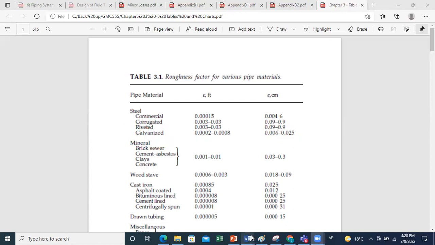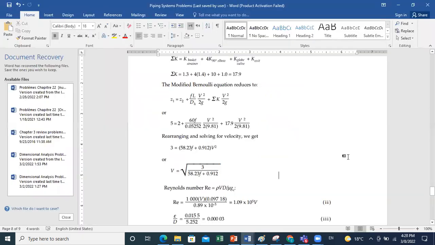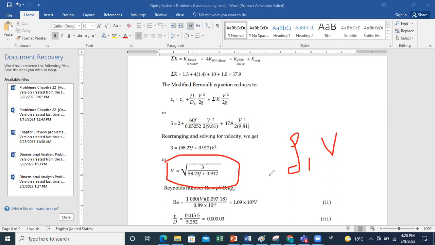So now, once we determine epsilon over d, we just have to continue by iteration. We cannot solve by just using these equations, because you have f unknown and v unknown. You can express v as a function of f, but if you don't use an assumption, you cannot continue, because Reynolds is also a function of v.